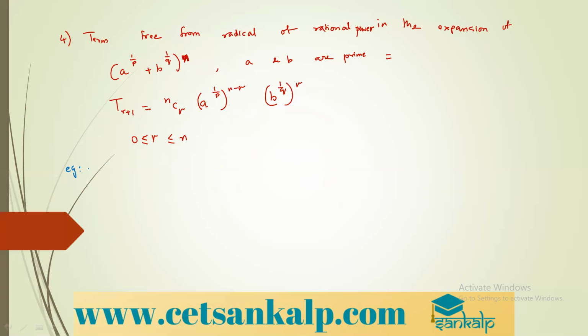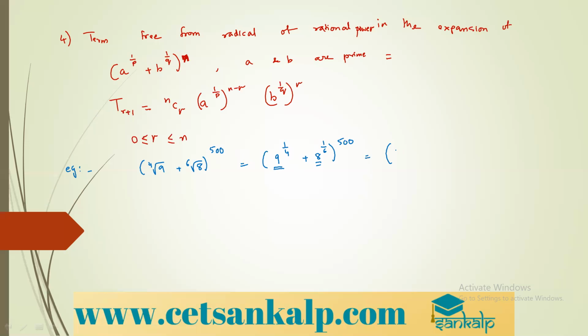So the example related to the formula: the expansion of fourth root of 9 plus sixth root of 8 whole power 500. If I write it like this, 9 power 1 by 4 plus 8 power 1 by 6 whole power 500, 9 and 8 are not prime numbers.